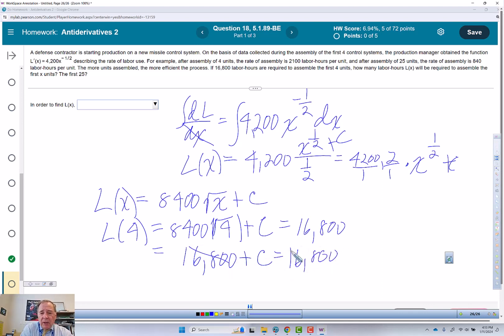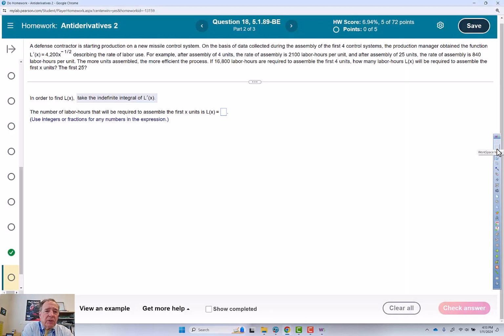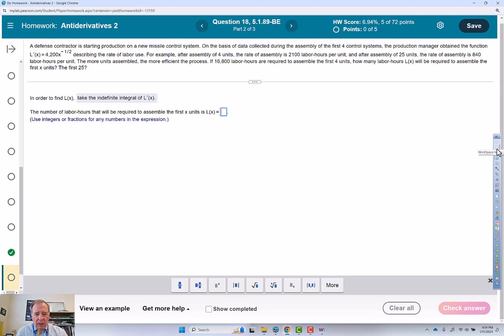So subtract 16,800 from both sides, so c equals 0. So my function is just going to be 8400 times the square root of x.